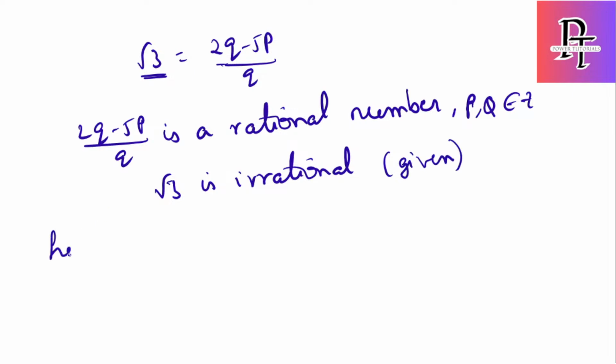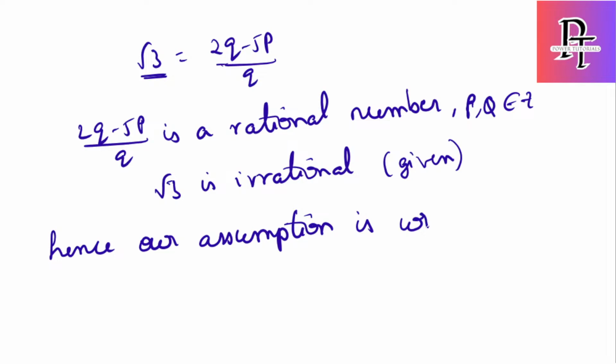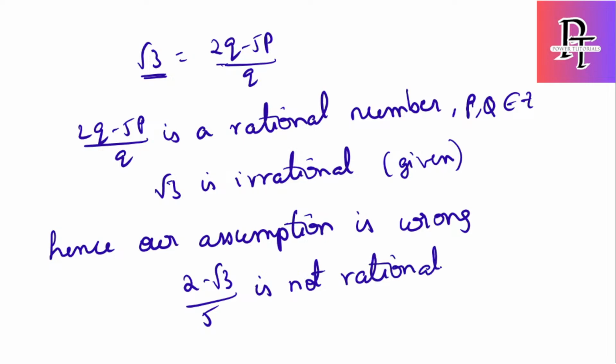Hence our assumption is wrong. So what is our assumption? 2 minus root 3 by 5 is not rational. If it is not rational, it is irrational. So 2 minus root 3 by 5 is irrational.